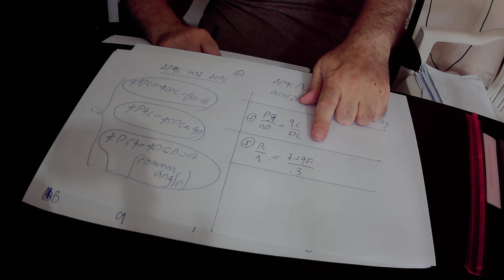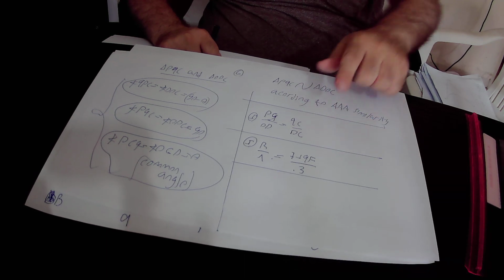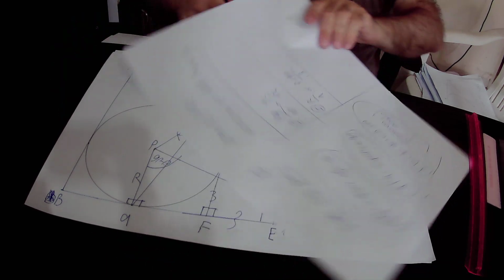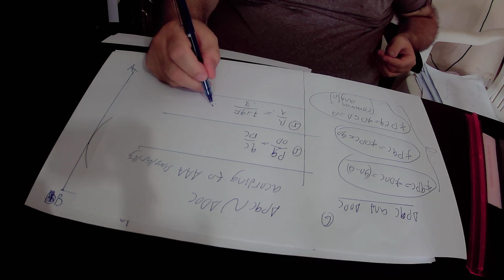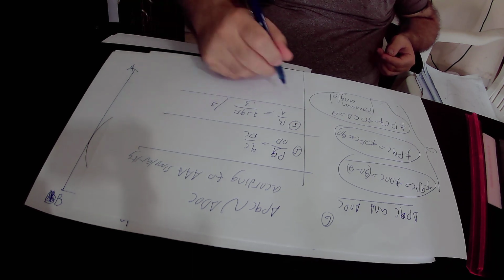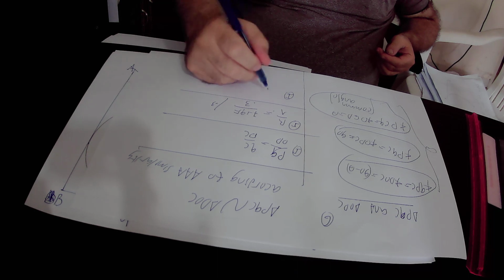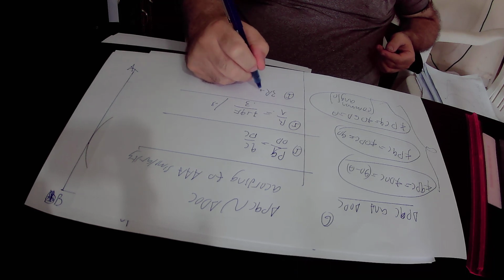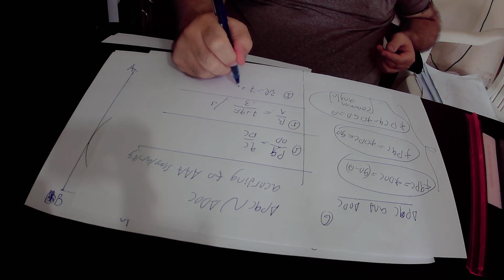So here we multiply this equation number 1 by 3, and we get R times 3 equals 7 plus QF.